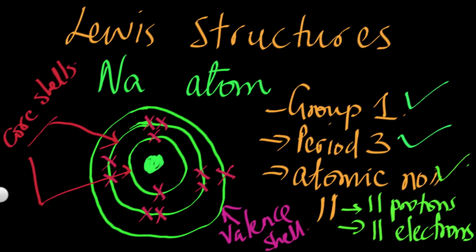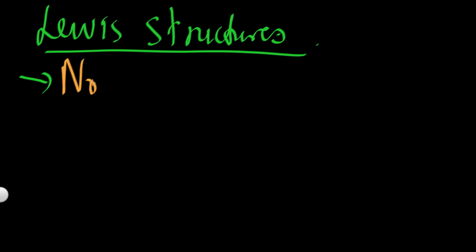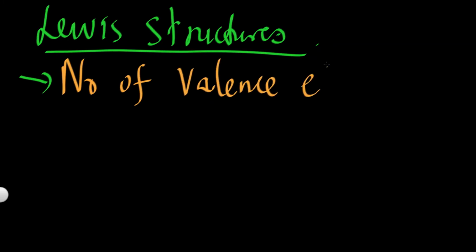It gives you that. So let me write this down, and you please write it down and also put it in your mind that when drawing Lewis structures, you need to know the number of valence electrons. This is key.